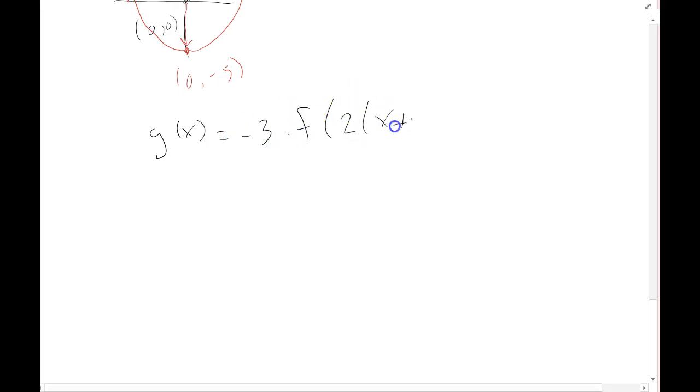Another thing you might have to do in the assignment is take a translation. So say that g of x is -3 times f of 2 times quantity x plus 1, plus 7, is a translation of f of x.